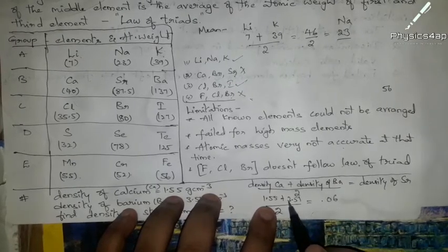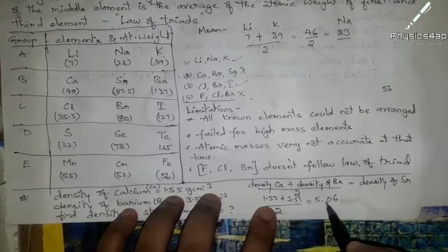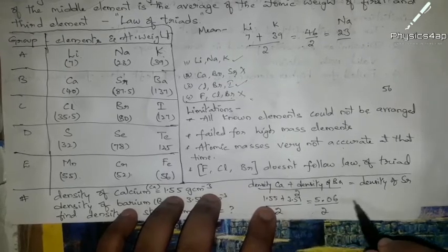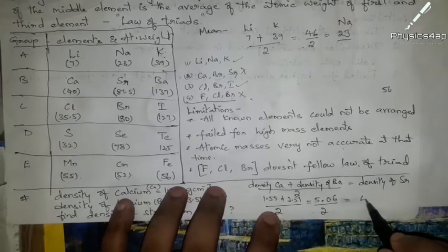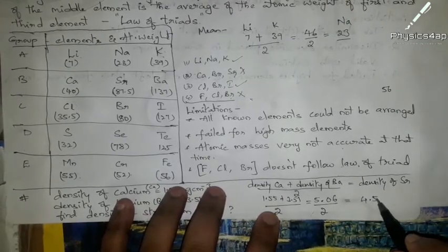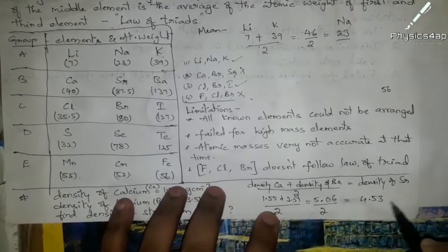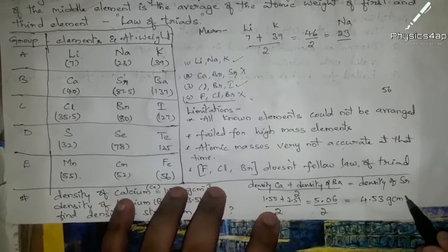5.06 divided by 2. So 5.06 divided by 2 gives 4.53 gram per centimeter cube.